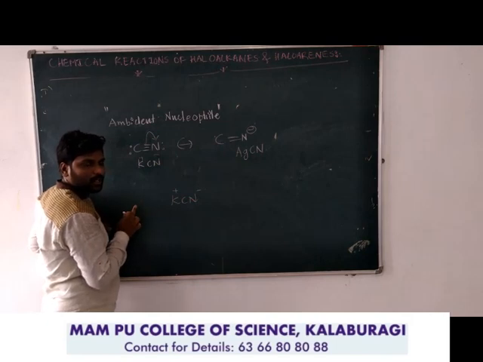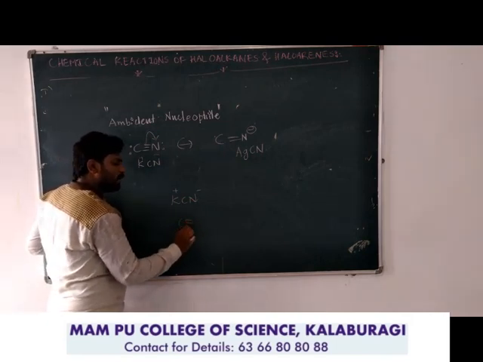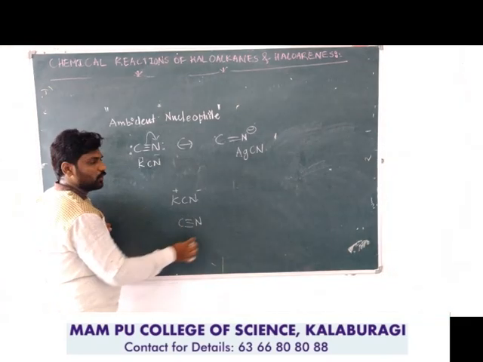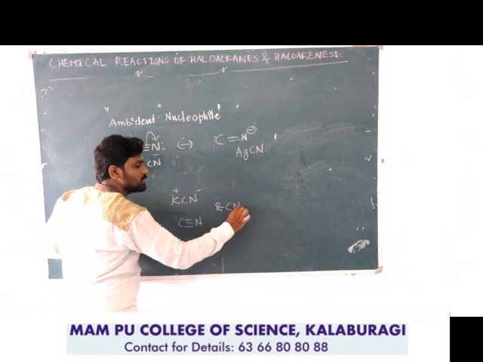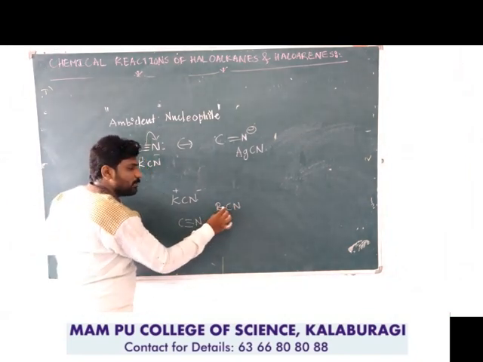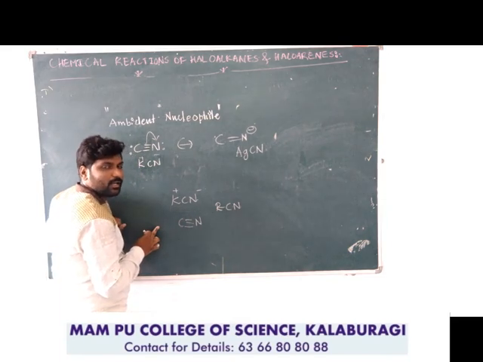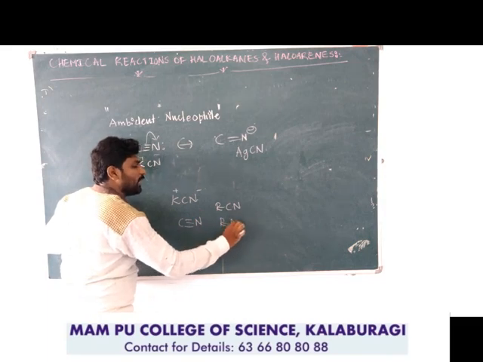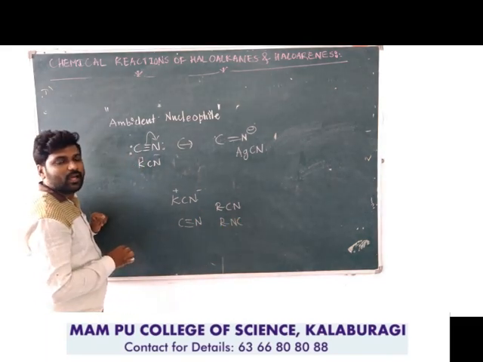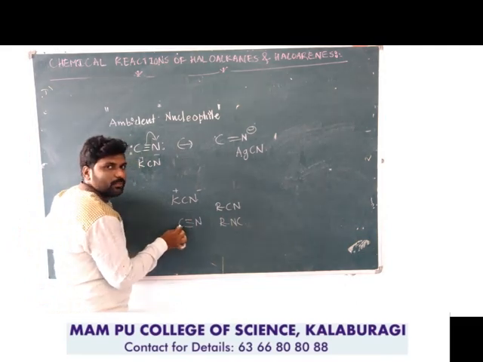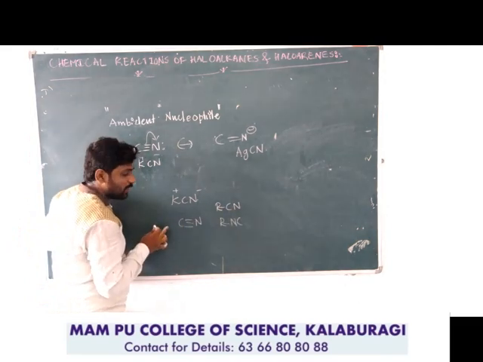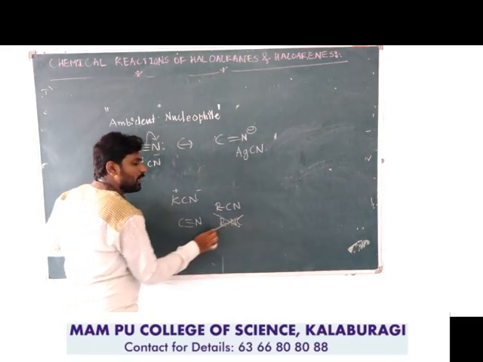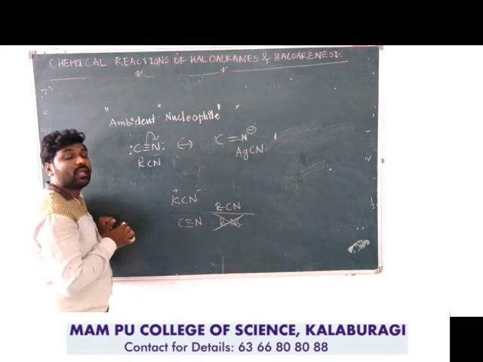It has the capacity to attack from both, but it chooses the carbon, because the carbon-carbon single bond formed is more stable and has a higher dissociation enthalpy than the carbon-nitrogen bond with the alkyl. So if attack takes place through the carbon, we get alkyl cyanide; through the nitrogen, alkyl isocyanide. It will not form alkyl isocyanide, it will form alkyl cyanide or alkane nitrile.